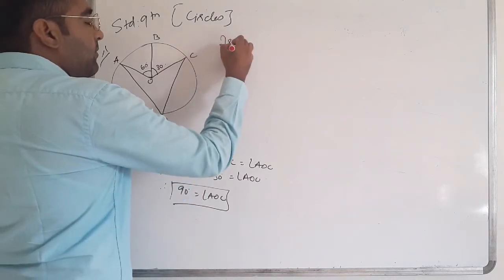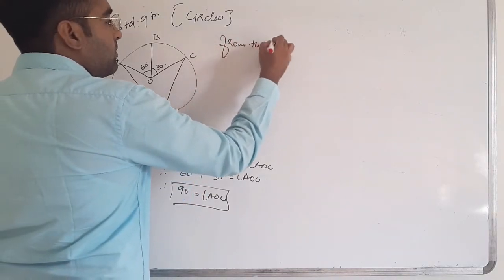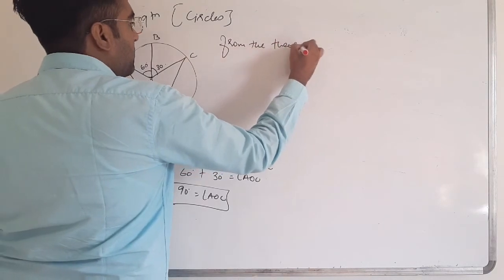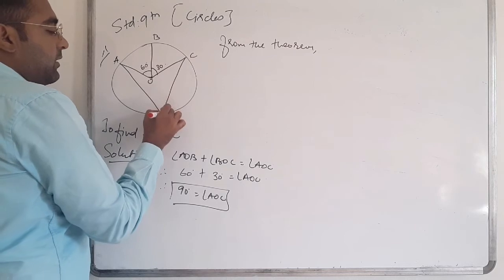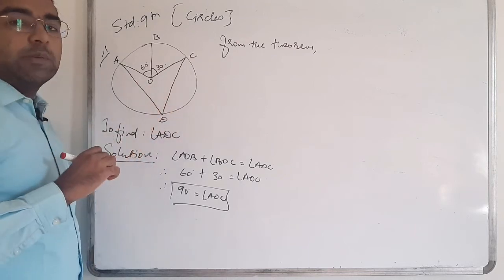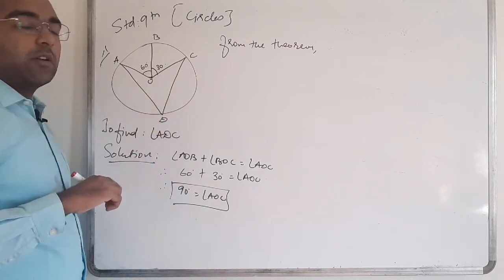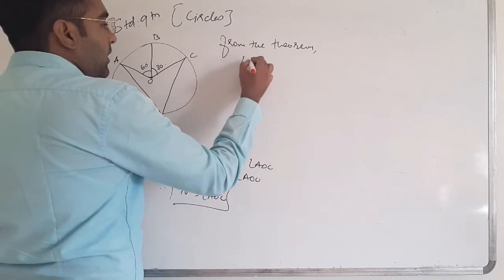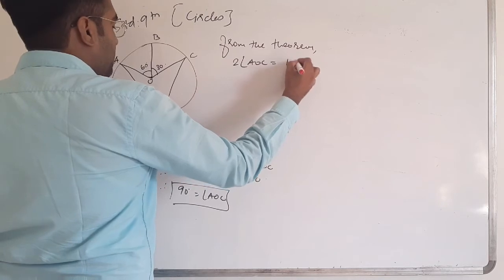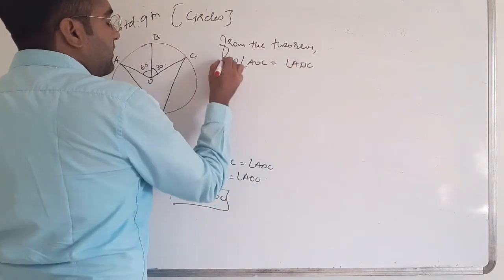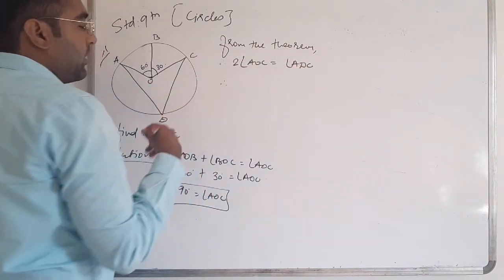Now we know from the theorem that the angle at the center of the circle is twice the angle subtended by the other point of the circle. So angle AOC is 2 times angle ADC.